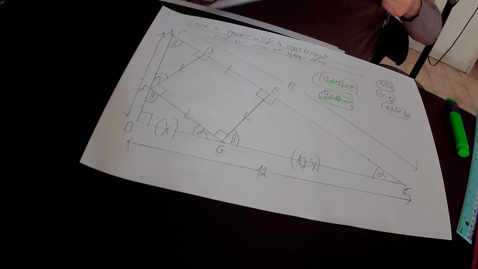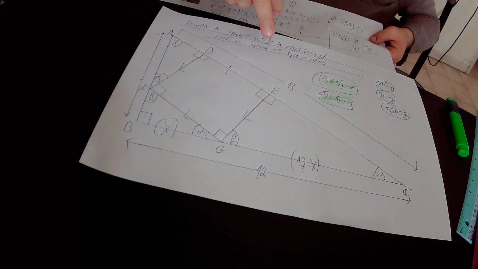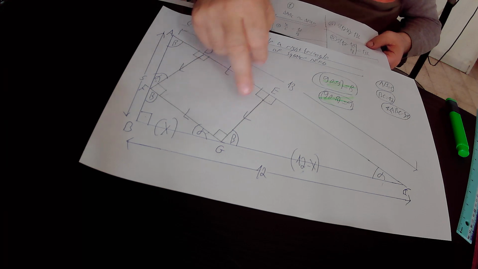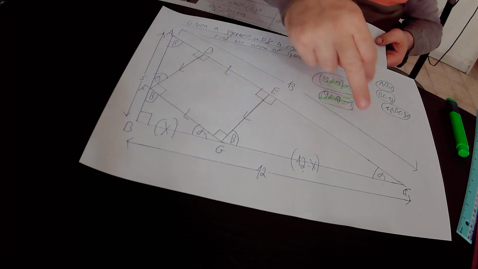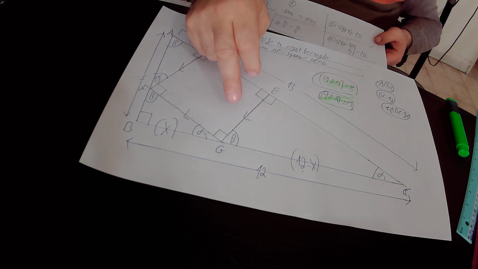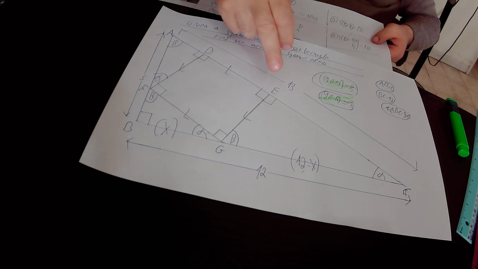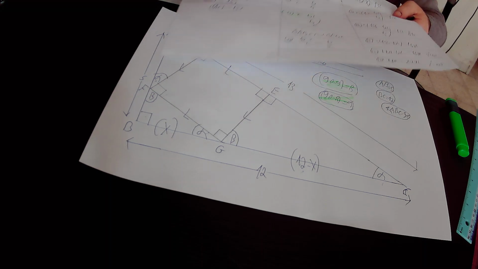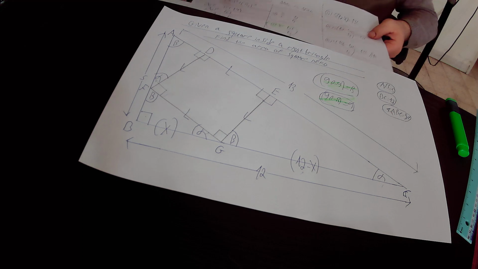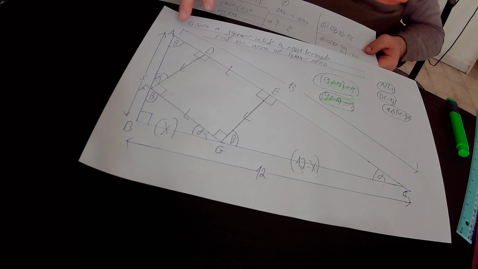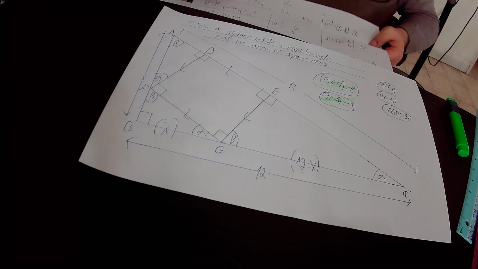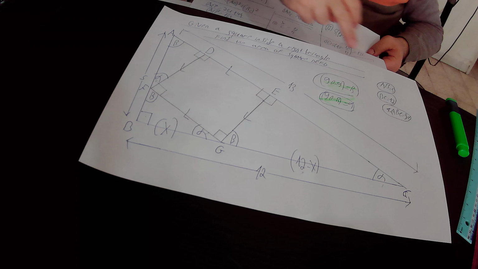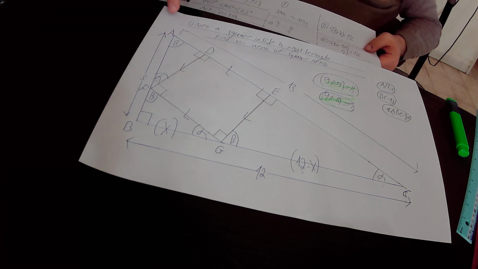GC is 12 minus X and EG is L. So GC over EG is 12 minus X over L. AC is 13 and AB is 5, so AC over AB is 13 over 5.